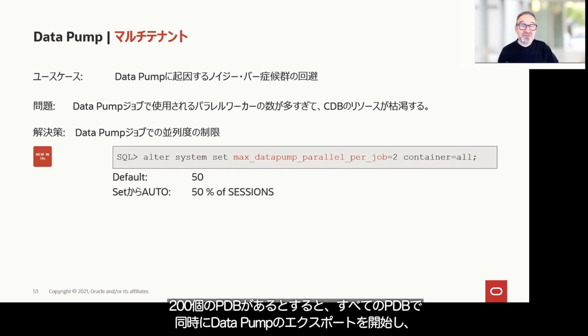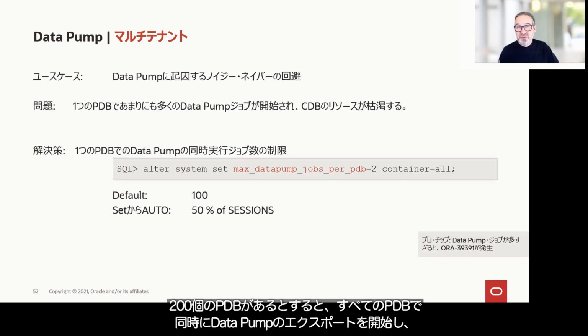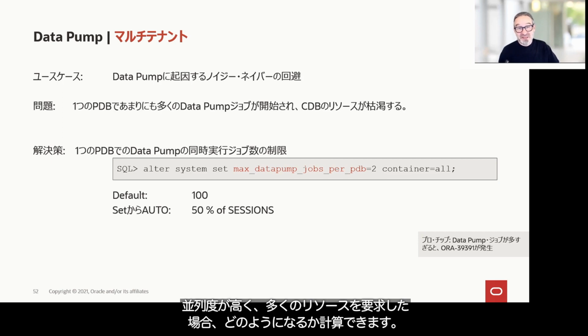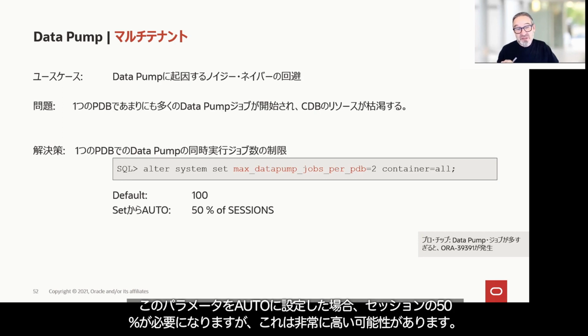Now, let's say you have 200 PDBs. You can do the math, what that means. If you start a Data Pump export in all PDBs at the same time, and you have a high parallel degree and you request a lot of resources. If you set this parameter to auto, it still takes 50% of the sessions, which may be very high.